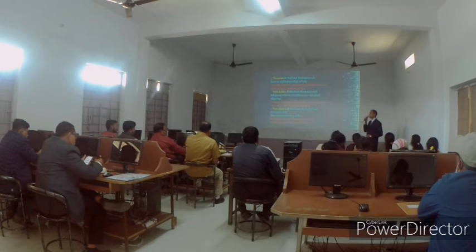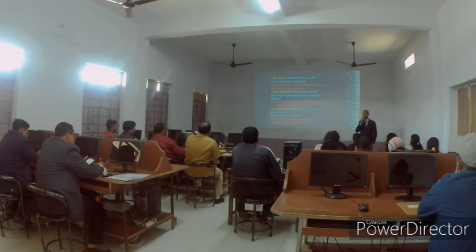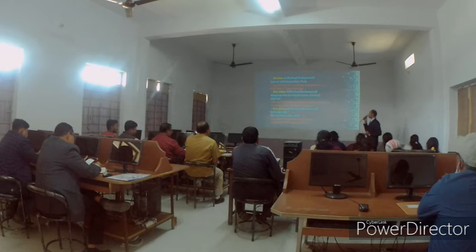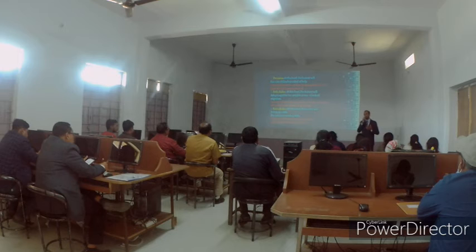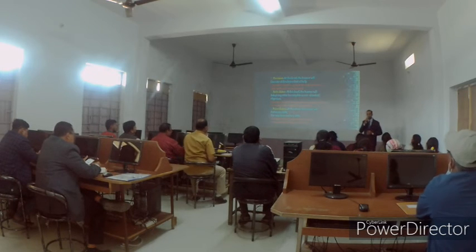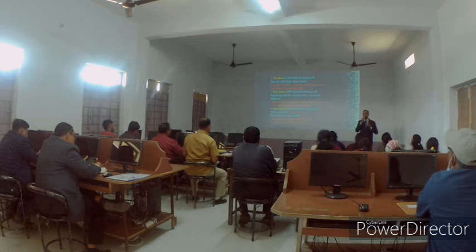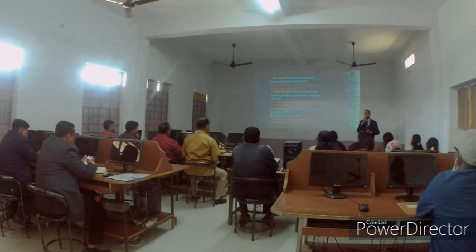Next is precision. Precision means accuracy. How accurate you are. At this level, the learner will execute the skill independent of help. That means a learner is able to be precise. Precise means he wants to become accurate.